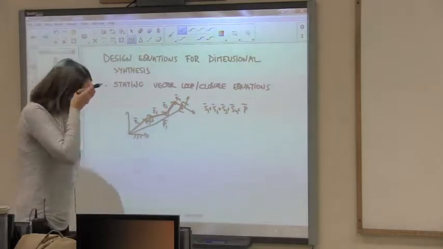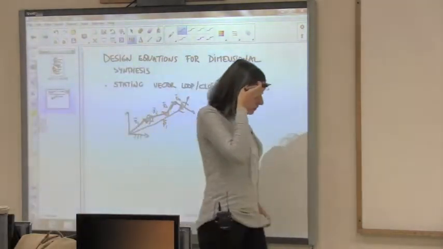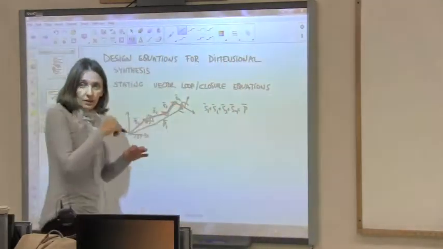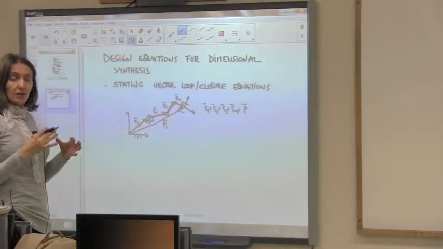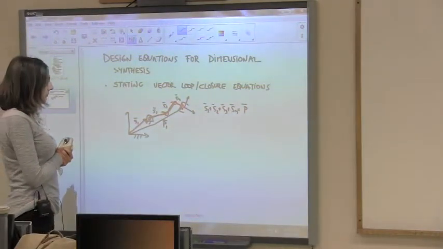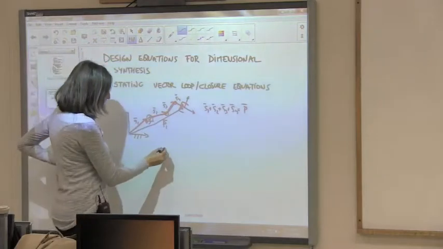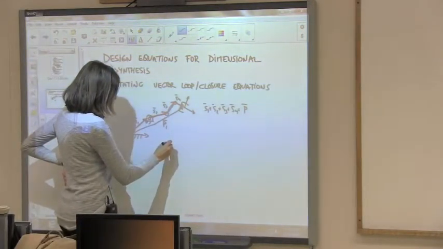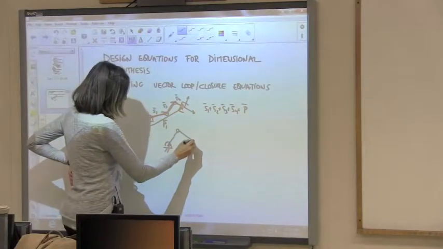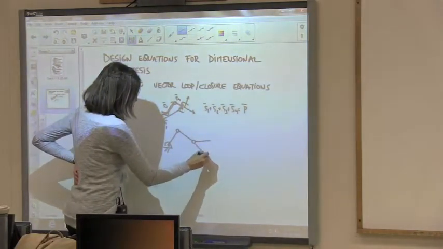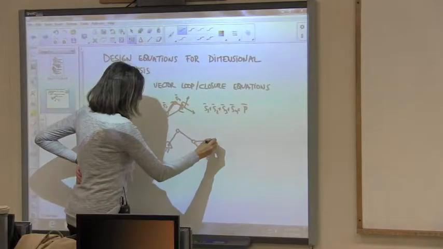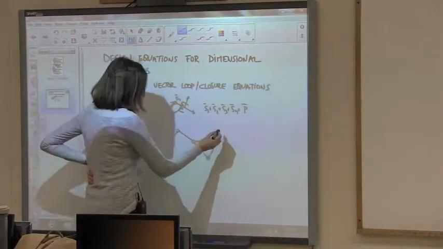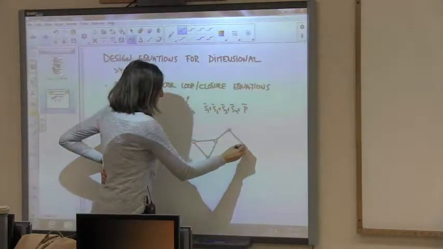And if your linkage is a closed linkage or a parallel robot, then you can write a loop stating that the loop is closed within that robot. So for instance, let's take this kind of parallel robot. This is a planar 3RRR platform.